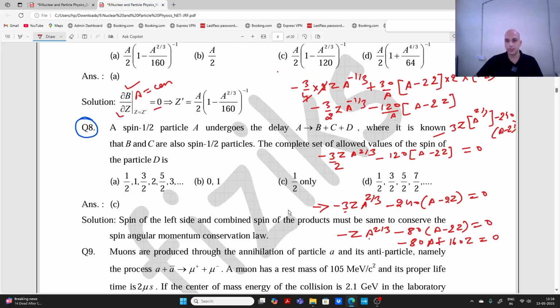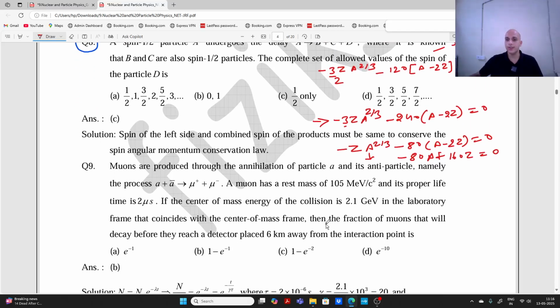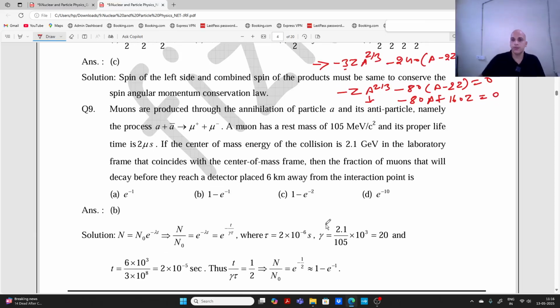The rest of the things will remain as it is, right. So in the next step, it will become minus z a power 2 by 3, minus 80 a plus 160 z is equal to 0.